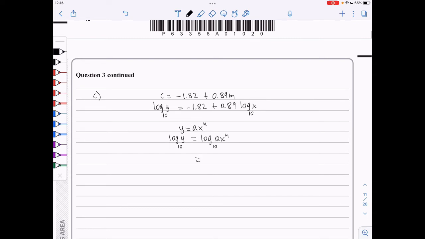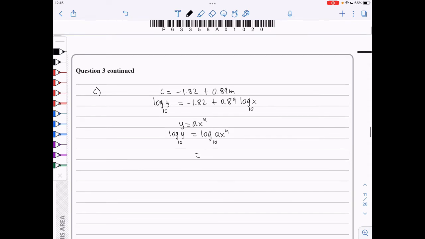I use the product rule of logarithms to write this as log a plus log x to the n, which can be further written as log a base 10 plus n log x base 10. That's log of y base 10 on the left hand side.